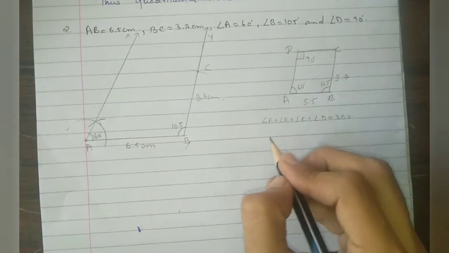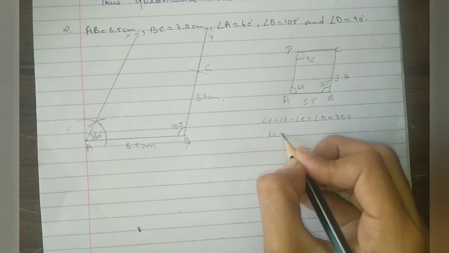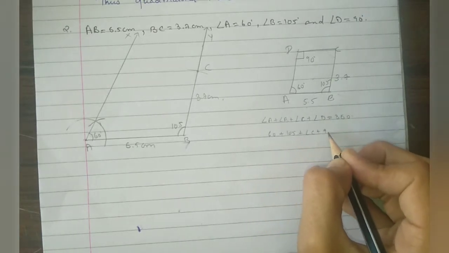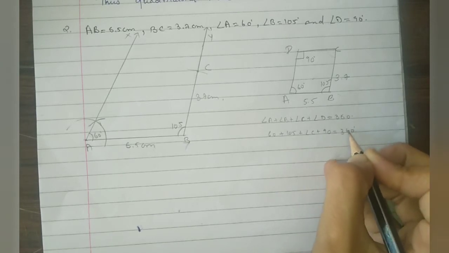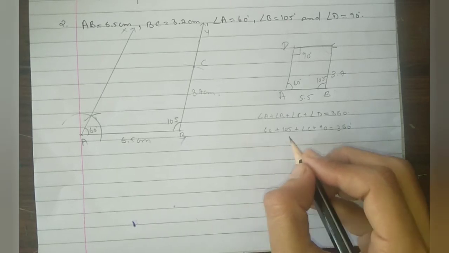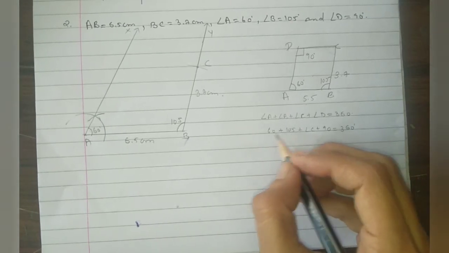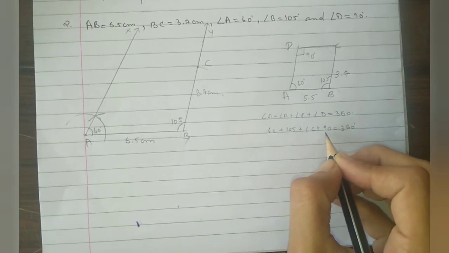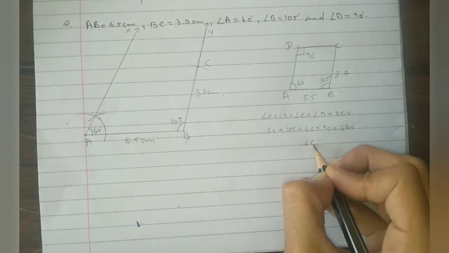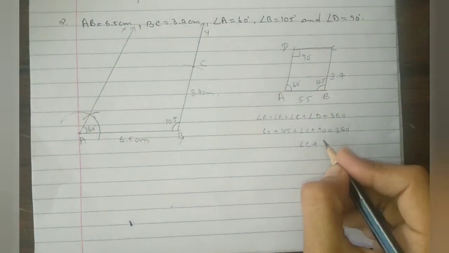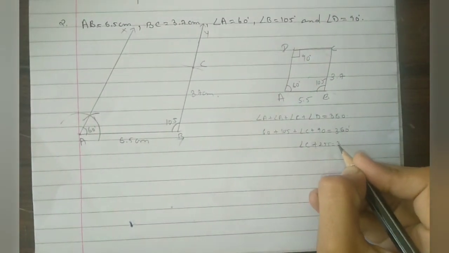Now we have 3 angles, that is 60 plus 105 plus angle C we have to find out, and angle D is 90, equal to 360. So 60 plus 105 is 165, plus 90, 165 plus 90 is 255, equal to 360.